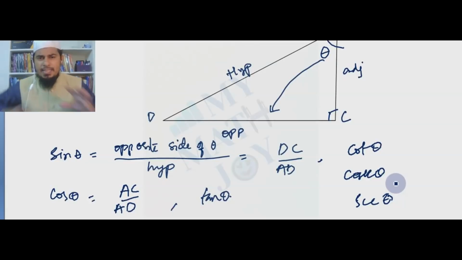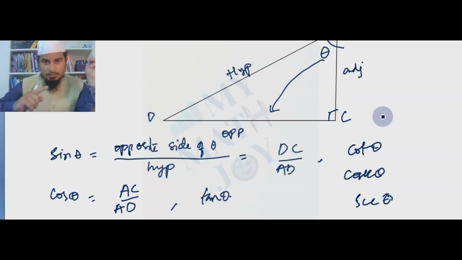So take different right angle triangles. Practice and remember orally also what is sine theta, cos, cosecant, secant, cot, and tan. Sine opposite by hypotenuse, cos adjacent by hypotenuse, tan opposite by adjacent, and cosecant hypotenuse by opposite. What is secant? Hypotenuse by adjacent.